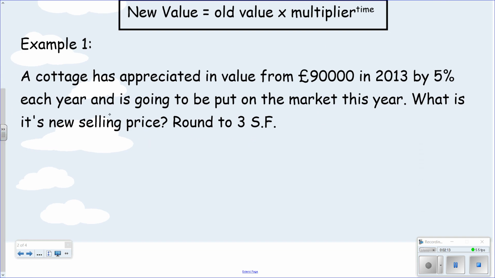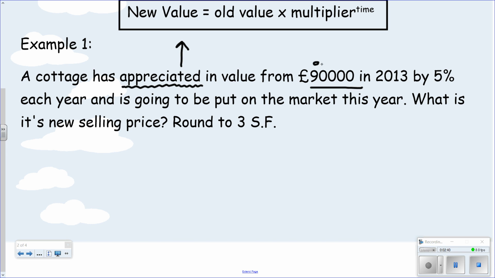Example 1. A cottage has appreciated. So we know that it's appreciated, which means we are increasing, going up in value from £90,000 in 2013 by 5%. So there is my old value, so I can underline that.